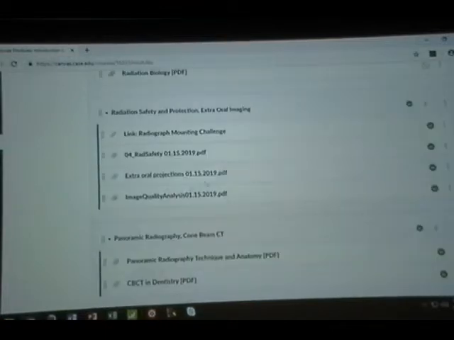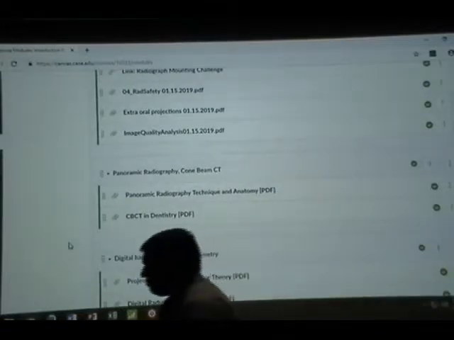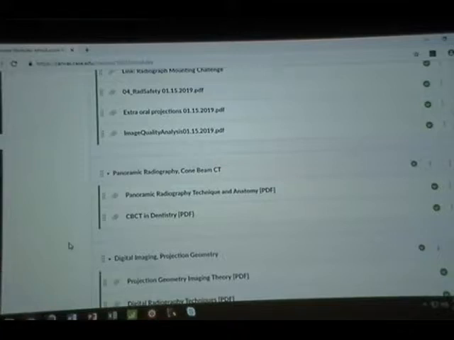And hopefully we'll try to cover everything. As far as the following week's lecture is concerned, here the radiographic technique and anatomy part, that's the only one I'll be discussing. CBCT in dentistry, I will not be discussing next week, but on February 25th, I do have a session with you guys, with Dr. Landers.